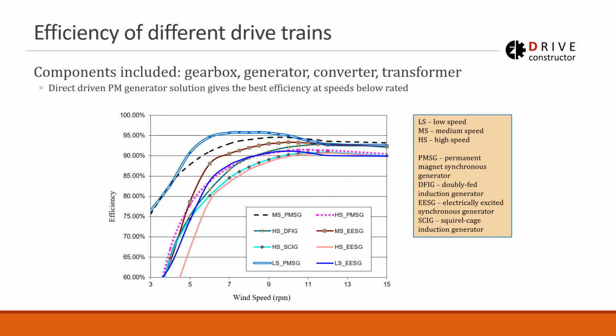We did once a study on efficiencies of the drivetrains of wind turbines, and this information was published in a paper. So it is quite similar to the study on the previous slide. So what we see here is the curve for low speed permanent magnet synchronous generator.